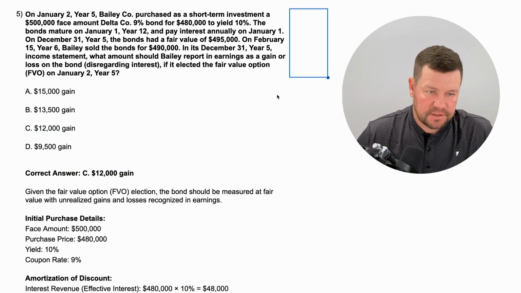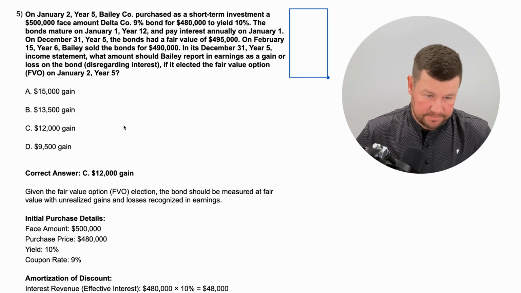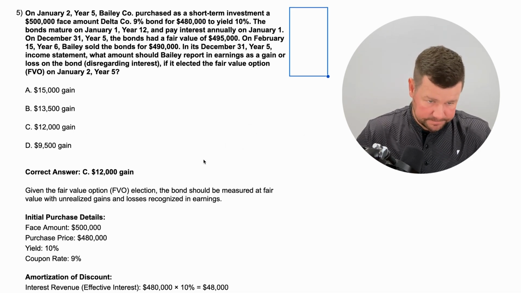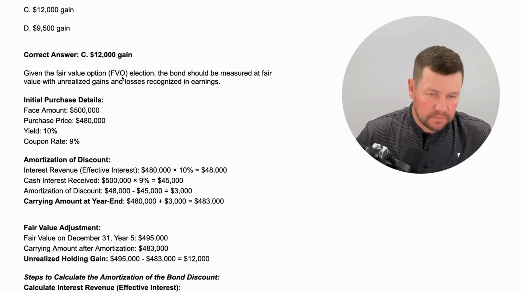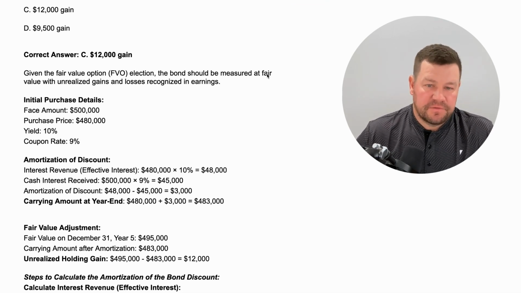So the correct answer is C, a $12,000 gain. So let's read why. Given the fair value option election, the bond will be measured at fair value.